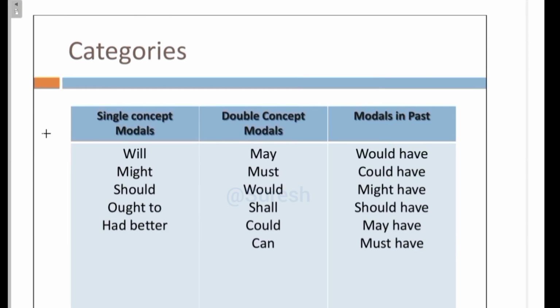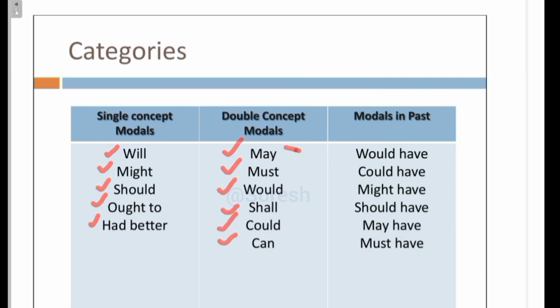You see on the screen, single concept models: will, might, should, ought to, had better. So mostly used are will, might, should. Ought to is very rare. Had better also is very rare. Okay, these are all single concept models. And what are the double concept models? May, must, would, shall, could, can.